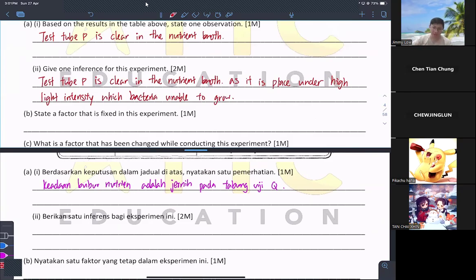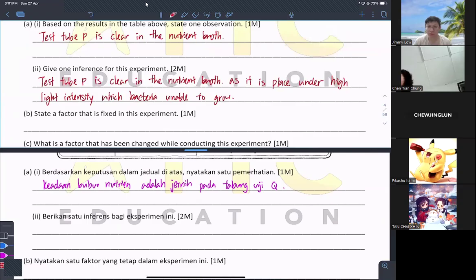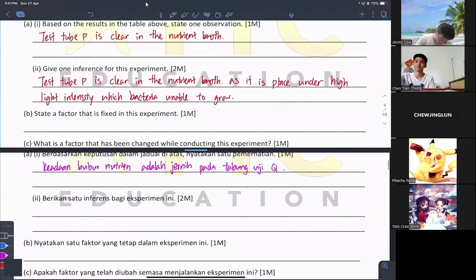Okay, so this is how you deal with the format. Observation plus MV. MV is your light intensity. But make sure you give a complete answer: the bacteria are unable to grow. BM as well, same stuff lah.